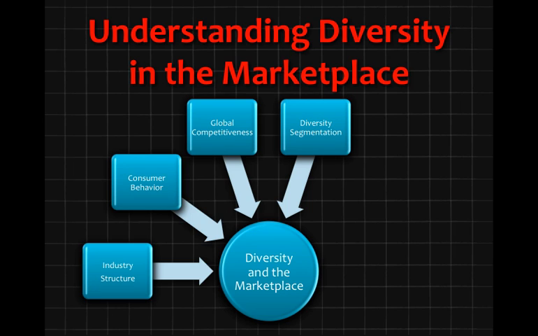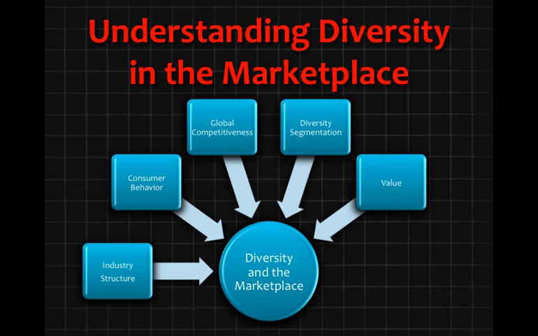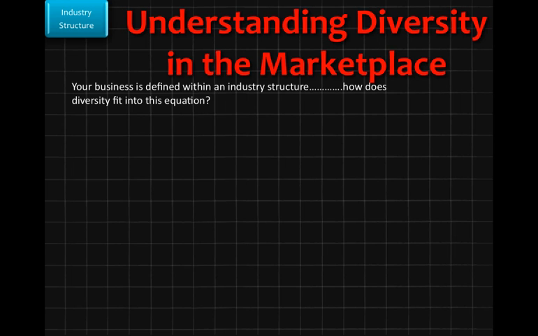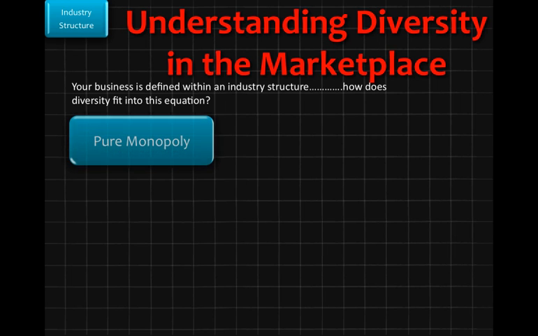Diversity segmentation and how we go after a certain portion of the market effectively from a business standpoint, the value proposition that we build on the business side of the house and on the consumer side of the house, and then last but not least, looking at the strengths, weaknesses, opportunities, and threats that make up our SWOT from a diversity perspective.